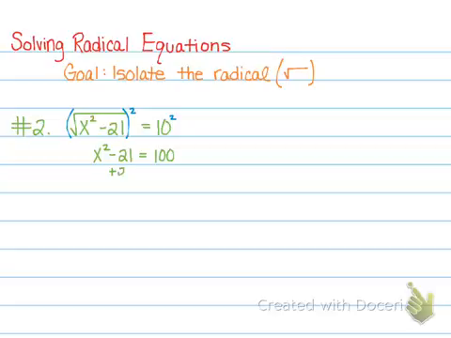So I'm going to add 21 to both sides, and I get x squared is equal to 121. So now we need to take the square root of both sides, and now we have x equals plus 11 and minus 11. So we need to check.